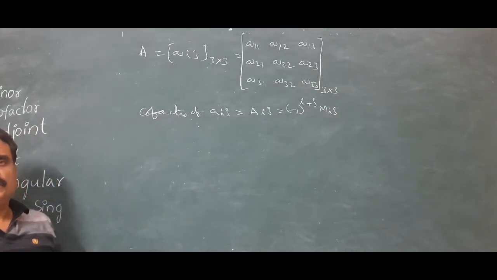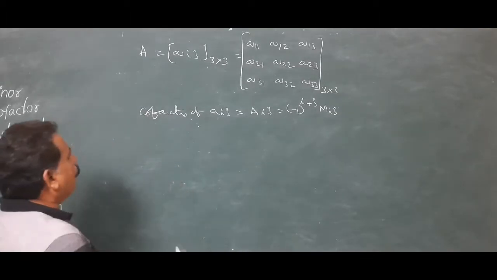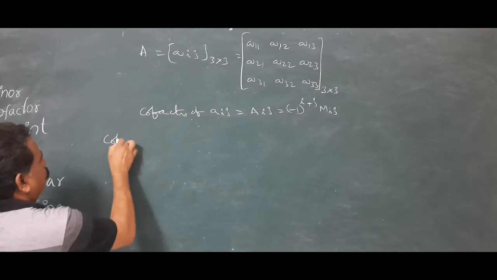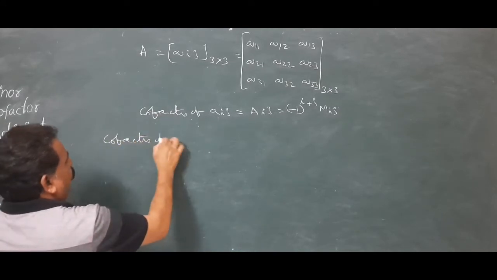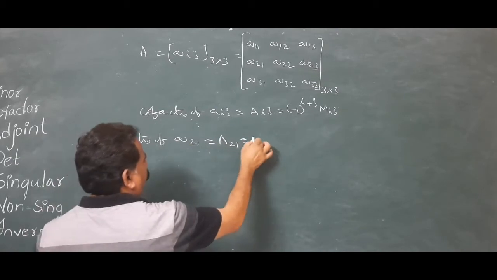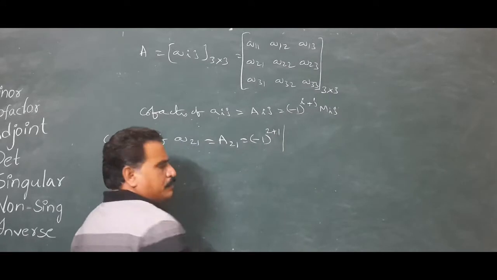For example, the cofactor of A21 is capital A21, equal to minus 1 whole power 2 plus 1 into the minor.